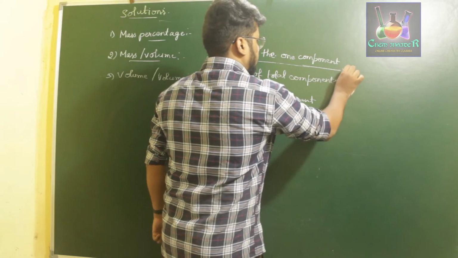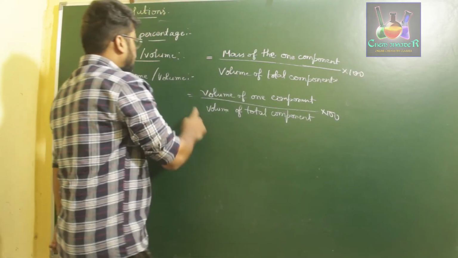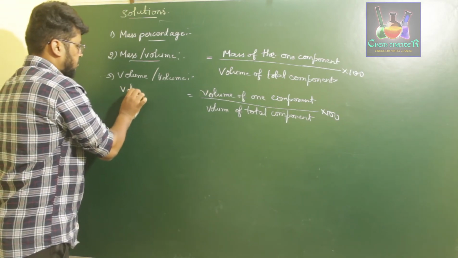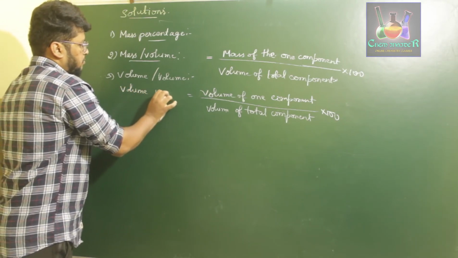So this is also multiplied by 100. The volume by volume concentration is also called volume percentage.